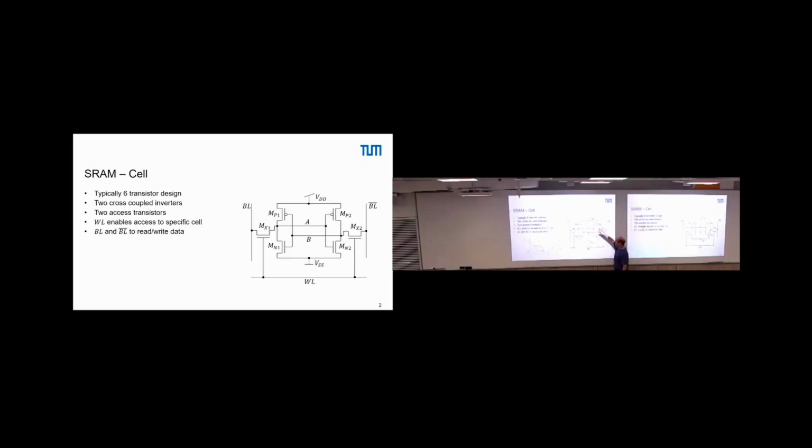This output node drives the other one to a specific value, and the thing converges into this point. Makes sense? So if you slightly go away from this middle point here, at some point you immediately go into that point. Yeah? Okay? That is what we call a stable state.